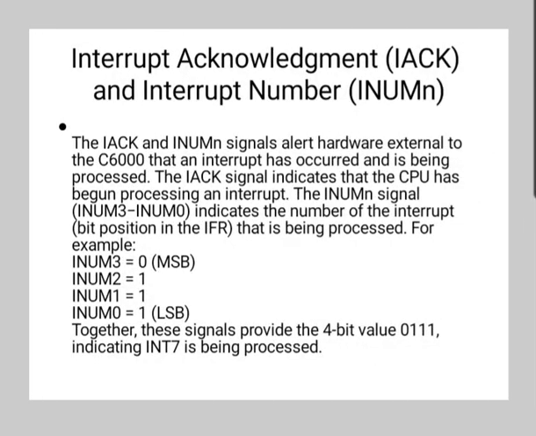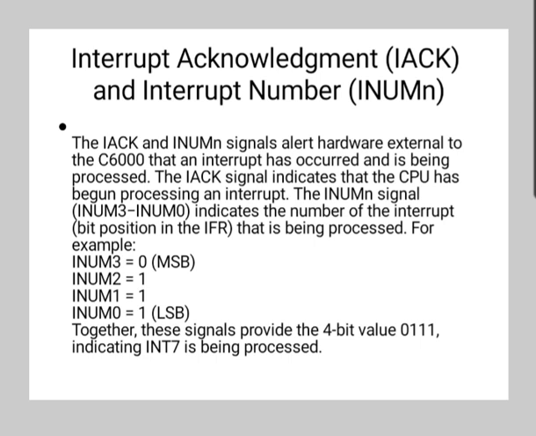Next is interrupt acknowledgement and interrupt number. So, interrupt acknowledgement, IACK, and interrupt number, INUM. These signals alert the hardware external to C6000 that an interrupt has occurred and is being processed. The IACK, that is interrupt acknowledgement signal, indicates that the CPU has begun processing an interrupt.